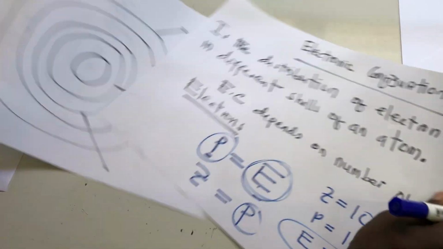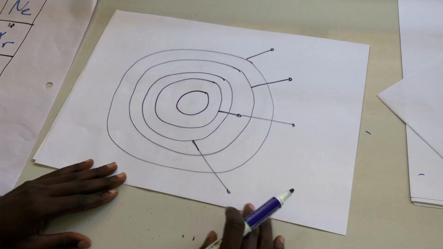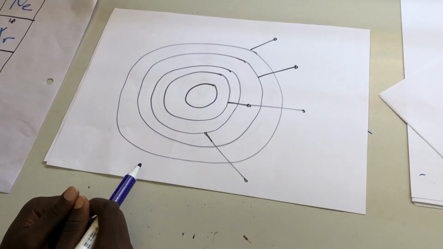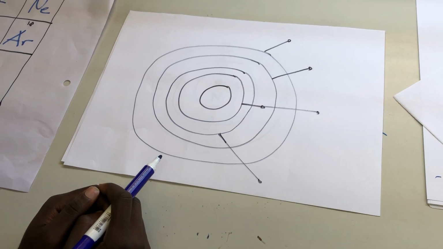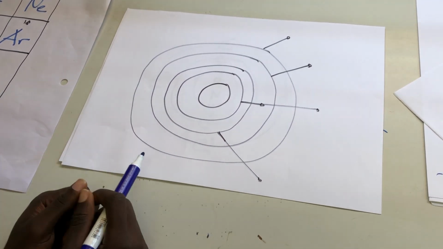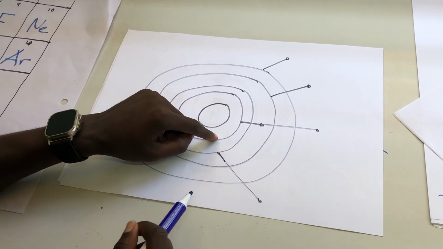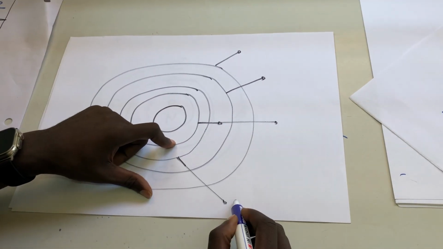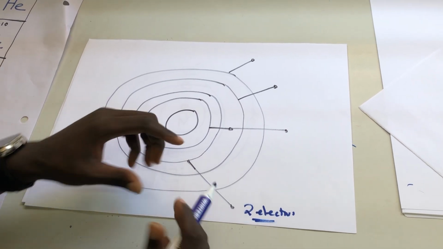Then I have this reminder for you. Kwa level ya O level, tunapokuwa tuna draw electronic configuration, kuna reminder moja ambayo ni ya msingi sana. Kwa shell ya kwanza huwa ina contain maximum of 2 electrons.